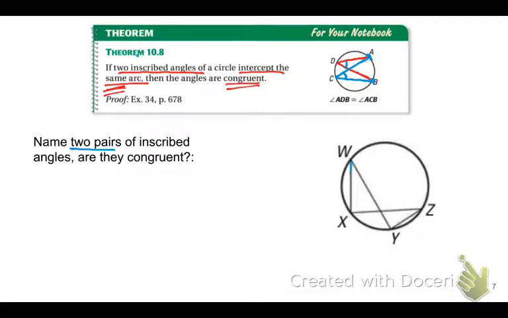So my eyes see this inscribed angle, and that would be angle WXZ. And the other inscribed angle that ends up at the same points is WYZ.